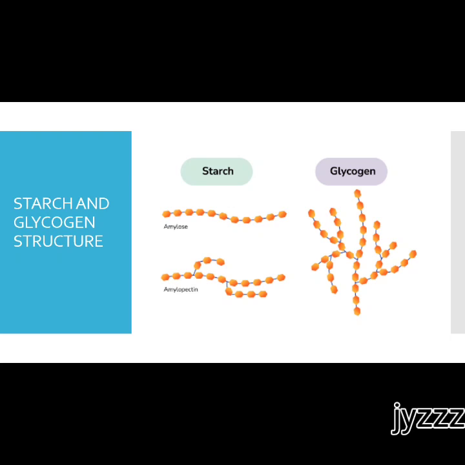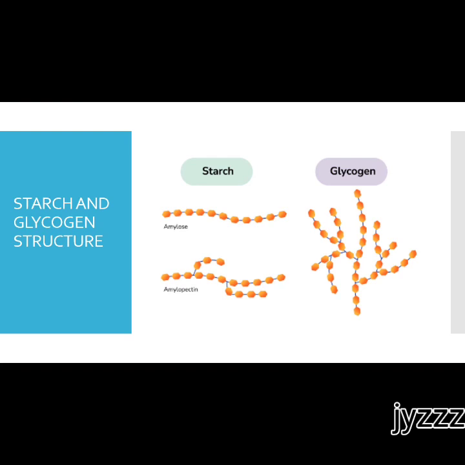And then you have your glycogen, also called animal starch, which has a branched structure with straight units of 11 to 18 units.